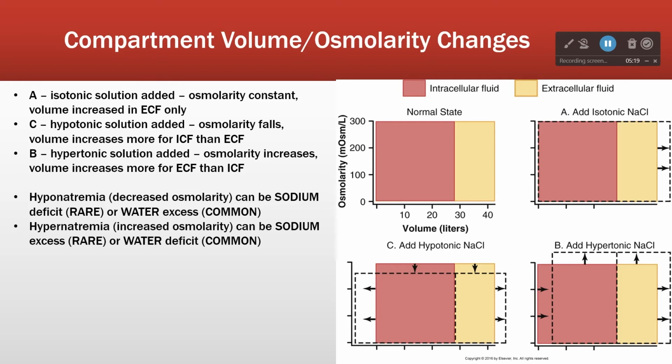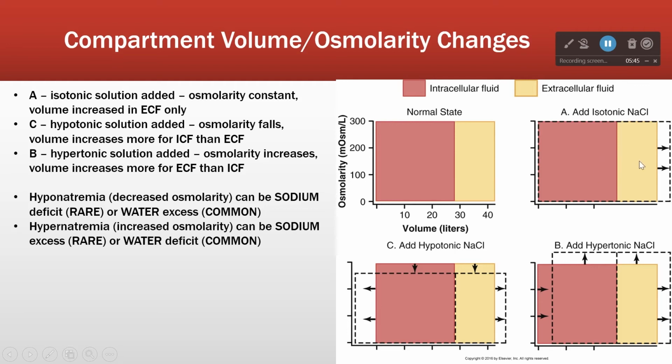Fluid inside of cells, ICF, intracellular fluid, fluid outside of cells, which includes the plasma, right? That's extracellular fluid. Okay, so depending on what tonicity of fluid we give, where that fluid ends up changes. Okay, so let's look at example A first.